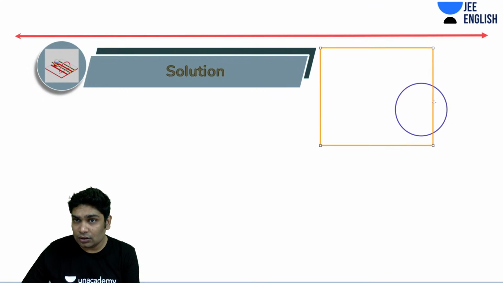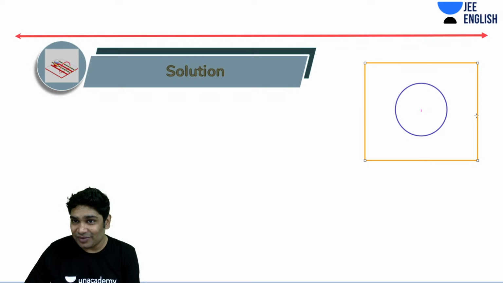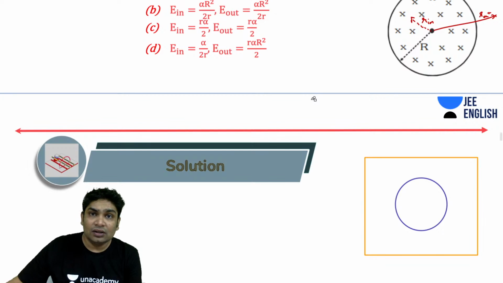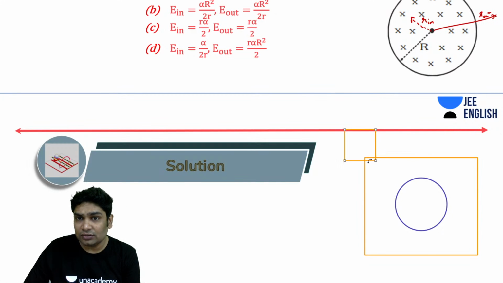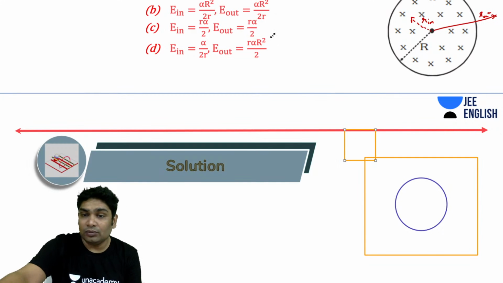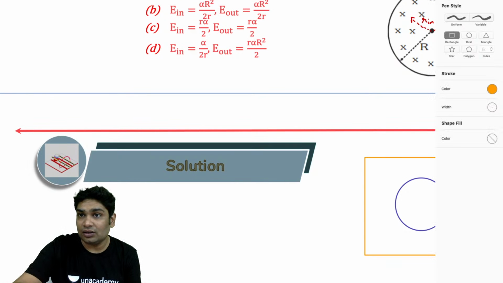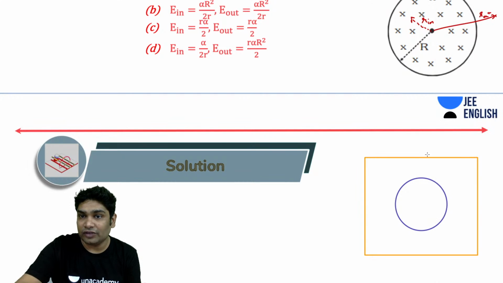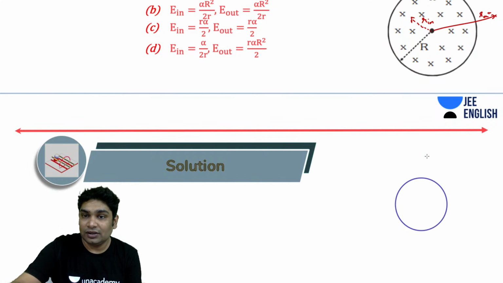This would be the region of magnetic field. Oh no, the magnetic field only exists inside the circular region, right? So you don't have to bother about this. The magnetic field turns out to be only in a small region of that circle.